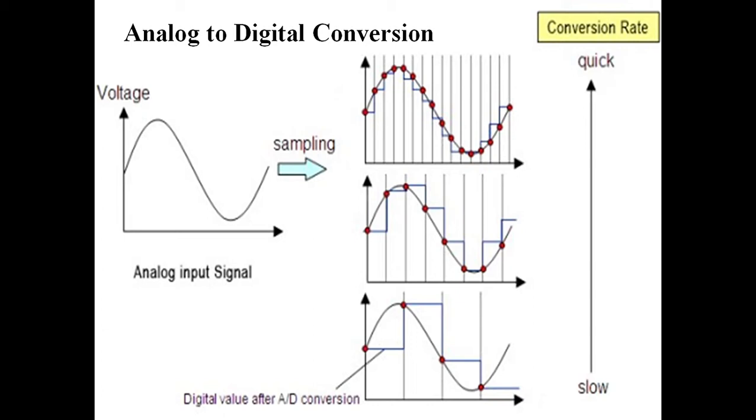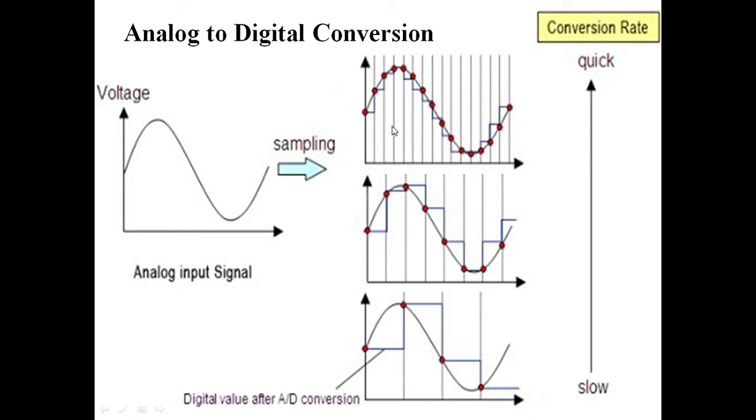In this process, first they take the analog signal, which is continuous in amplitude and continuous in time. This signal is converted into continuous in amplitude, discrete in time.